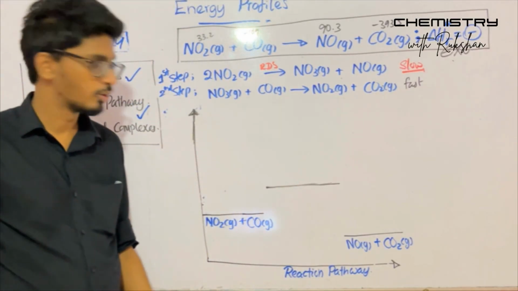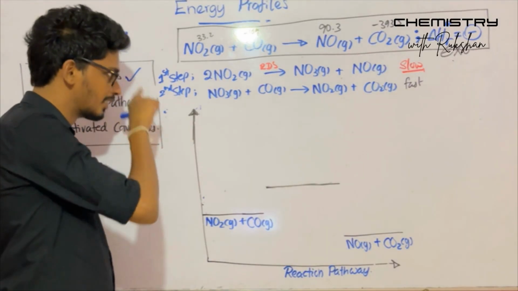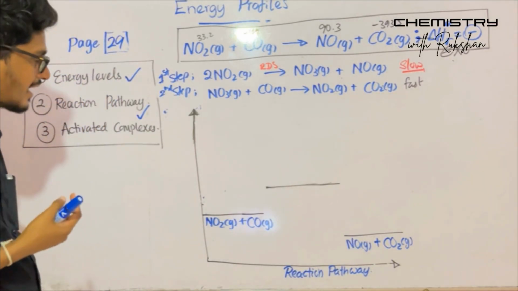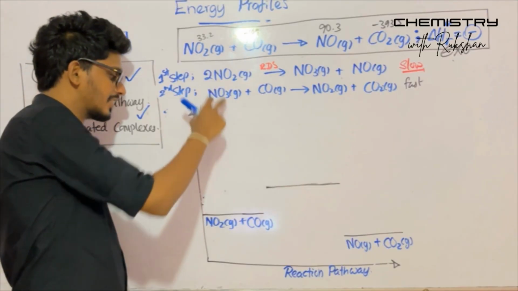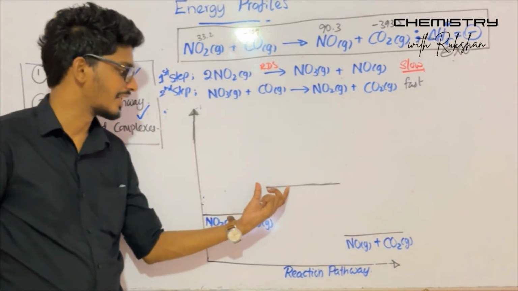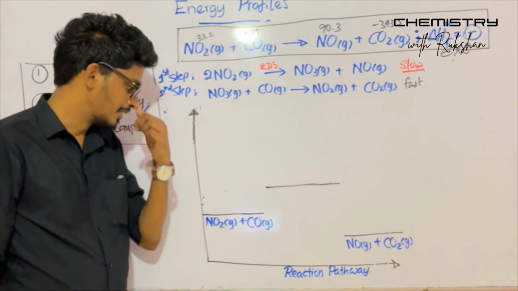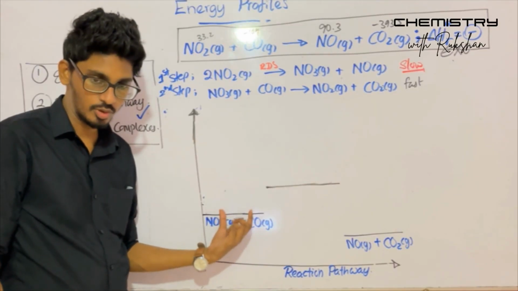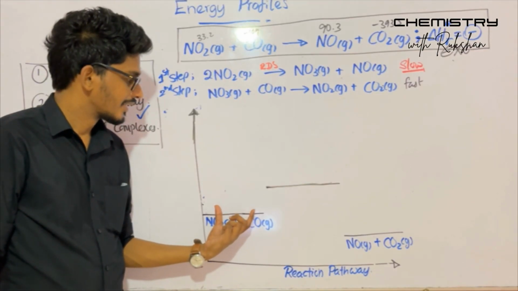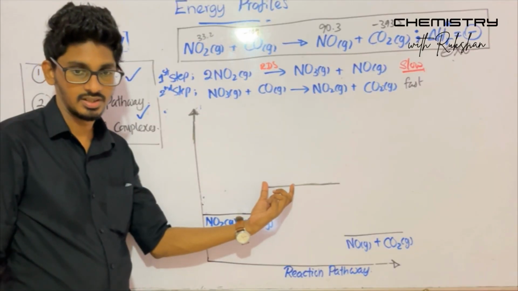So how to draw that? How to come up with the chemical species here? What I have said is to consider the first step. First write the chemical species which are not involved in the first step. Those are not involved, right?